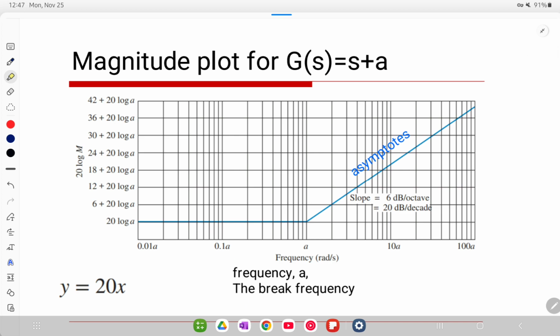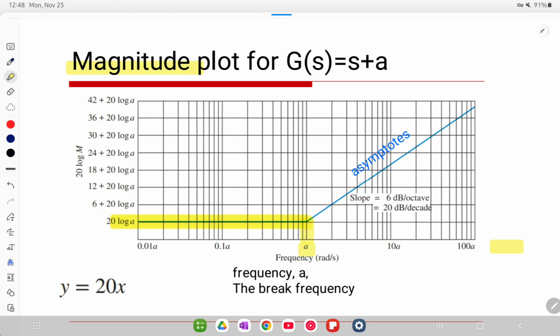Now this is the fun part. You need to plot it. First, we plot magnitude. So before the cutoff frequency at A, it will be considered low frequency, and 20 log A, and it's all flat right there. After the cutoff frequency, it will start to grow towards infinity at higher frequency.